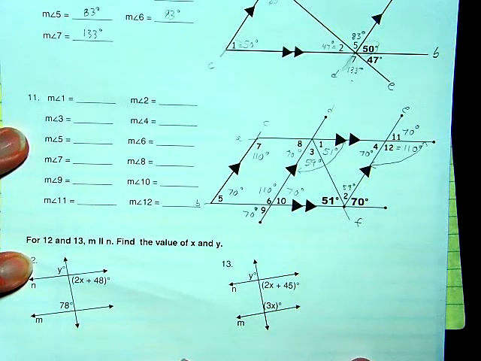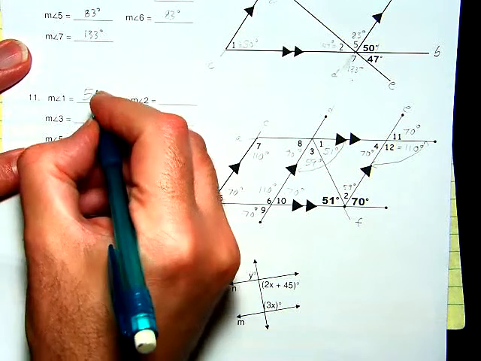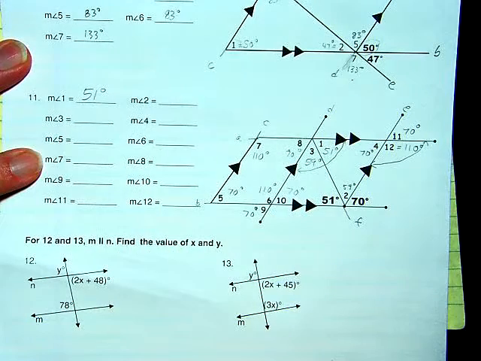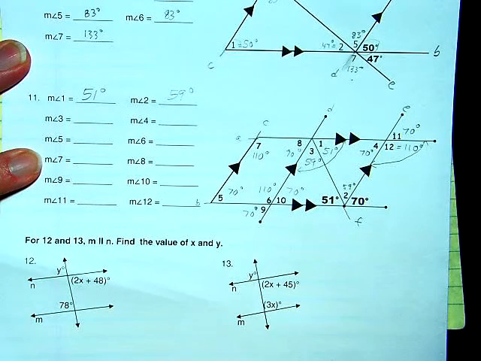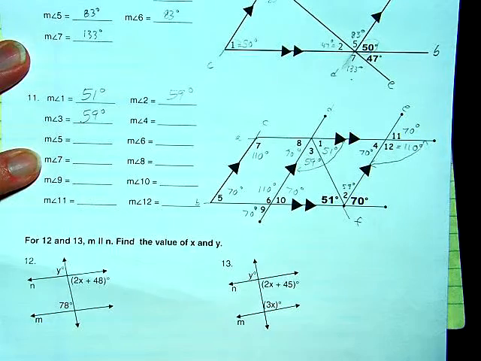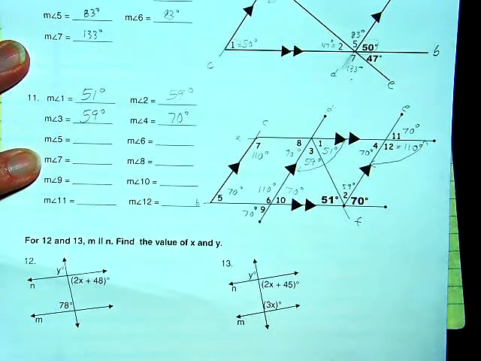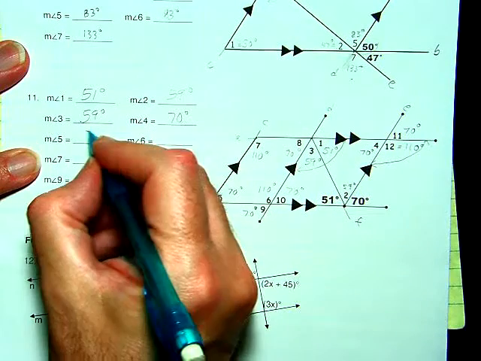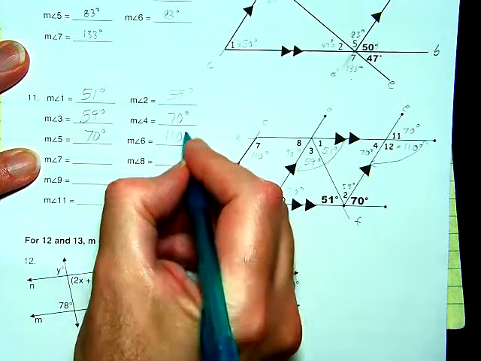Measure of angle 1 is 51 degrees. Measure of angle 2 is 59 degrees. Measure of angle 3 is 59 degrees. Measure of angle 4 is 70 degrees. Measure of angle 5 is 70 degrees. Measure of angle 6 is 110 degrees.